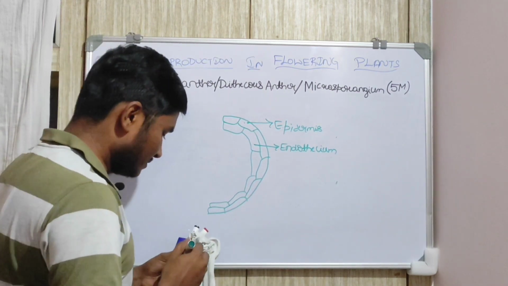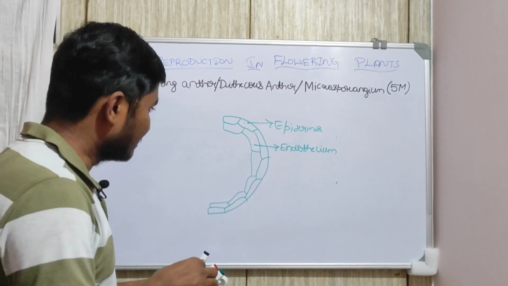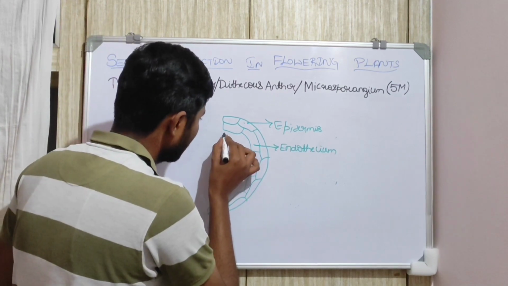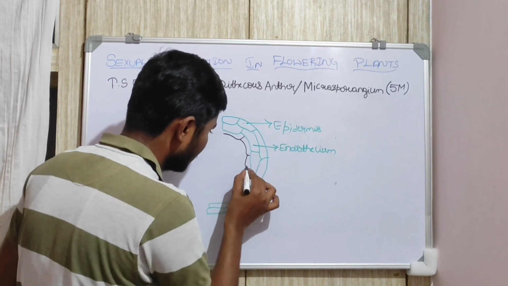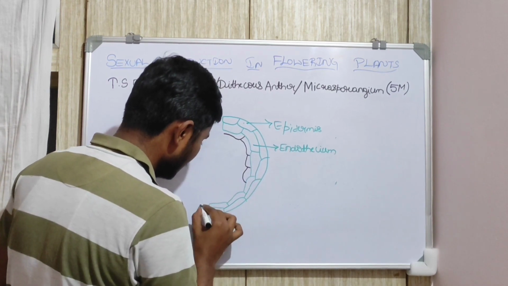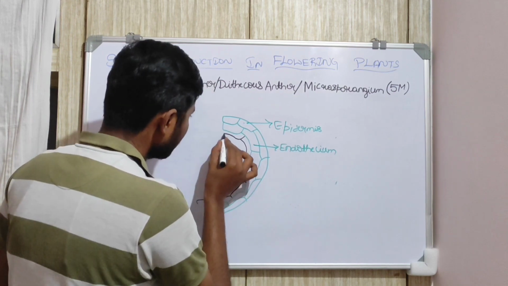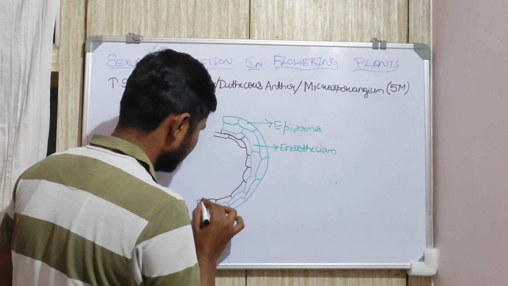Inner to the endothecium, there are 1 to 3 layers called middle layers.